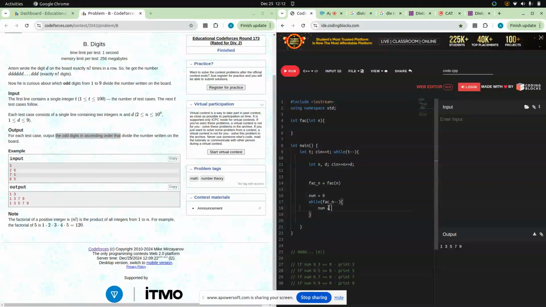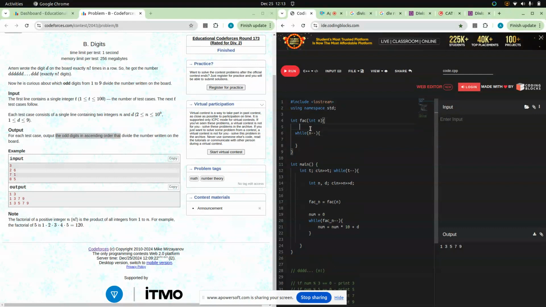Num is equal to num into 10 plus d. So d will come that many times. For smaller numbers I can even prove it to you.